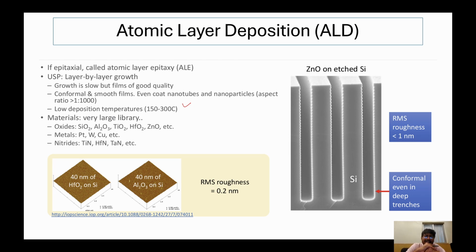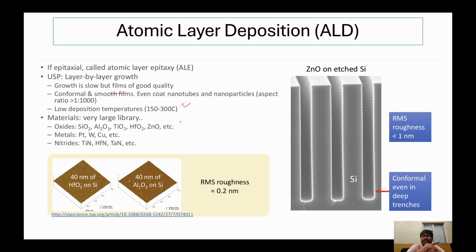And what is the advantage? The advantage is that more conformal, smoother films are obtained. Another thing is low deposition temperatures. At lower temperatures you can deposit zinc oxide, aluminum oxide, titanium dioxide, and tin oxide from such precursors. There are a lot.